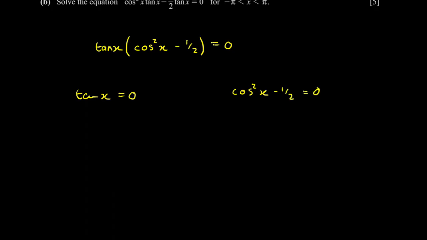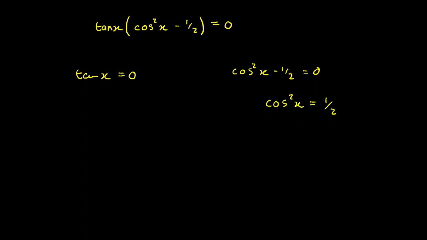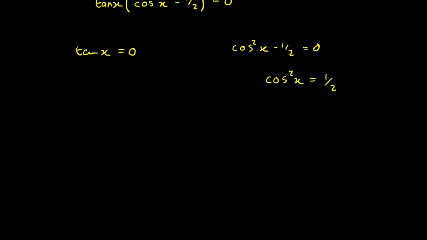Well, let's take the cos squared. We're going to get cos squared x is equal to positive a half, and therefore cos x will be equal to plus or minus 1 upon the square root of 2, or root 2 upon 2. So we need to remember the plus or minus here.